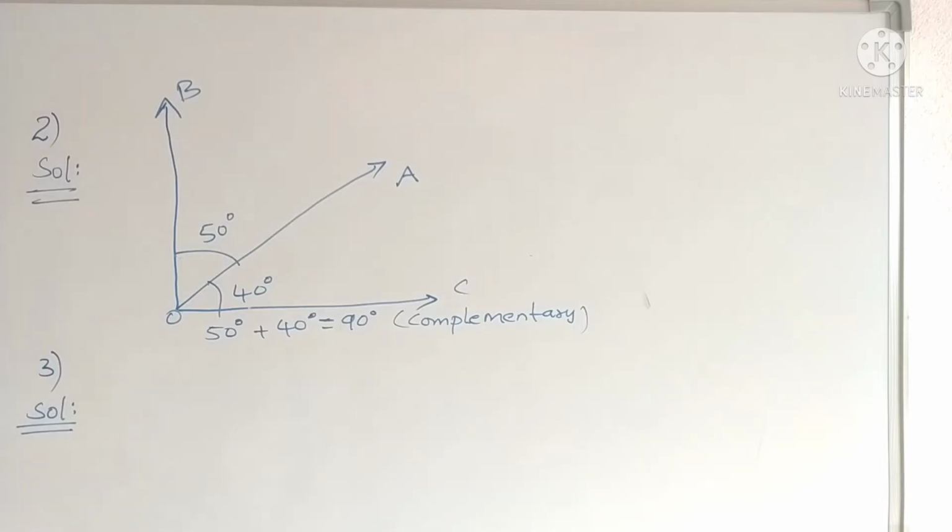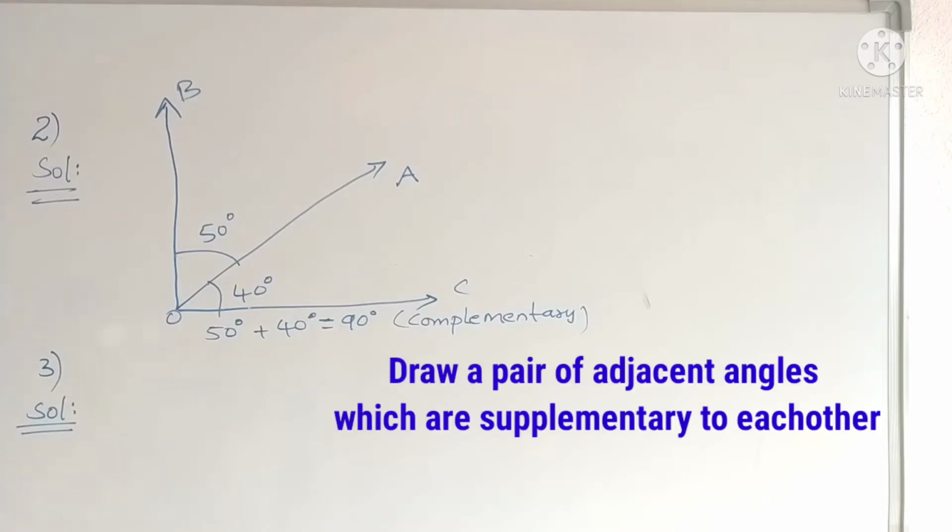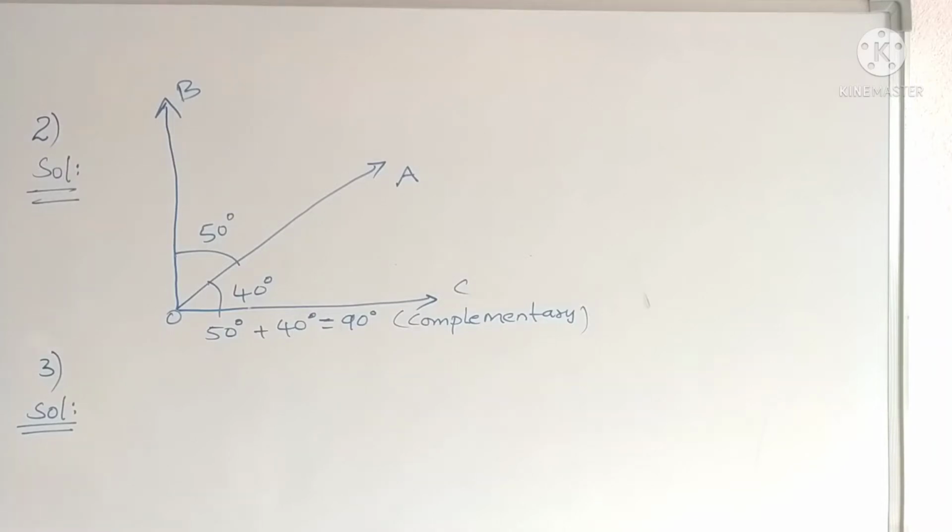Okay, so next, third one, draw a pair of adjacent angles which are supplementary to each other. Supplementary means the sum of two angles must be 180 degrees. Okay, so supplementary 180 degrees.